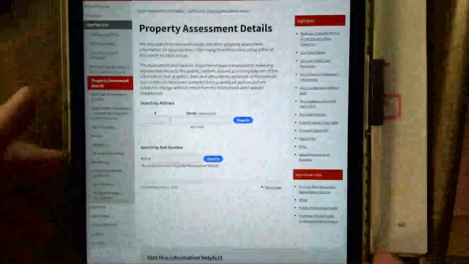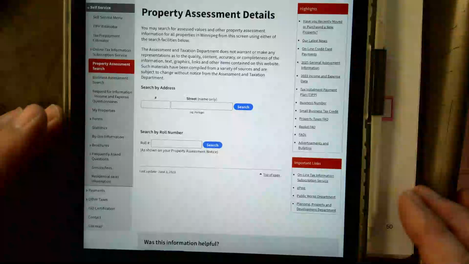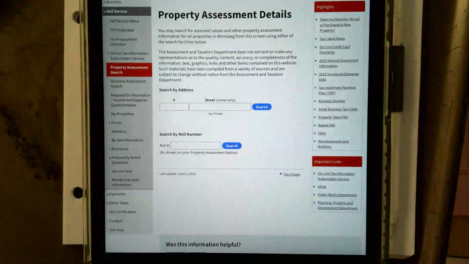So we talked about property taxes and that every property in the city, in the province gets taxed, right? And so that's how the government collects money for education and for all the other repairs and infrastructure maintenance, all that stuff.